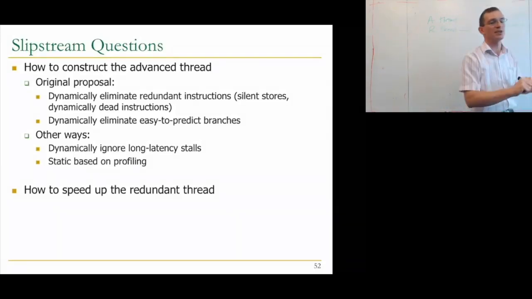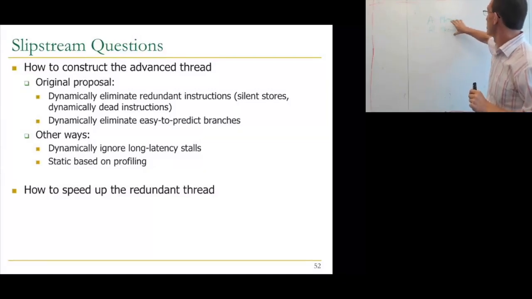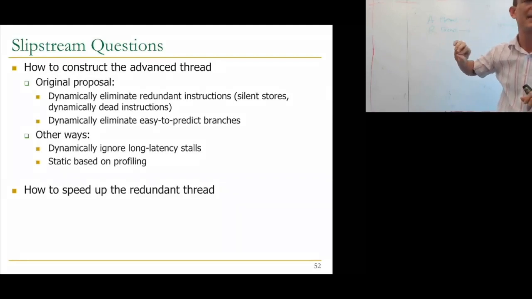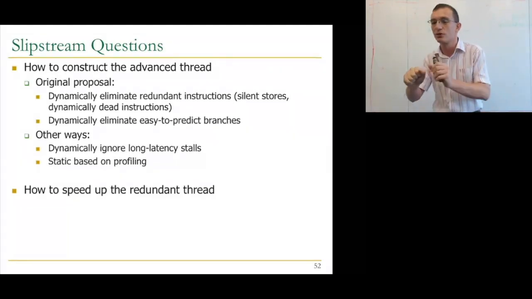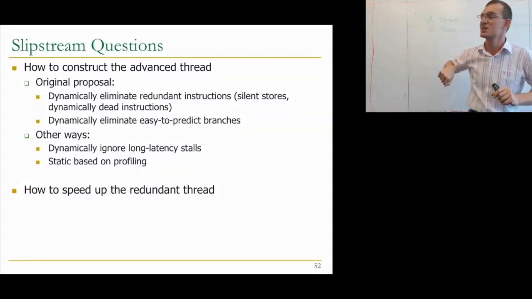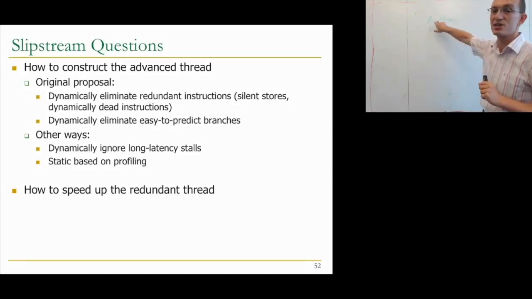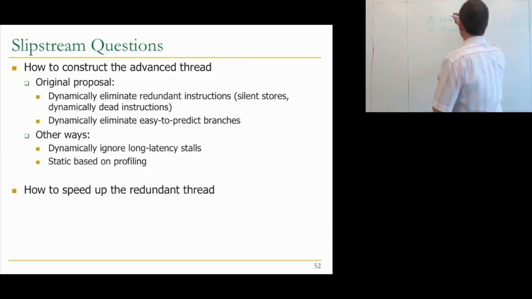That's very similar to Slipstream, but the advanced thread and redundant thread are constructed differently, and they also execute different instructions. So the redundant thread is really not fully redundant in Sun's Rock, because it executes only the deferred instructions. You really partition the instruction stream into two in Sun Rock. That's the main difference between Slipstream and Sun's Rock processor. They call it simultaneous speculative threading.